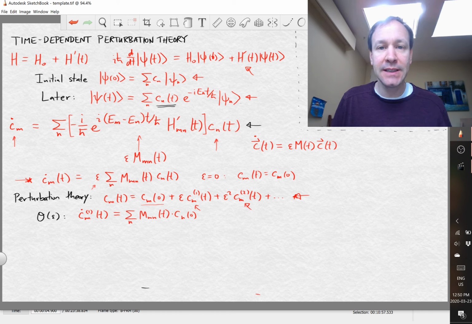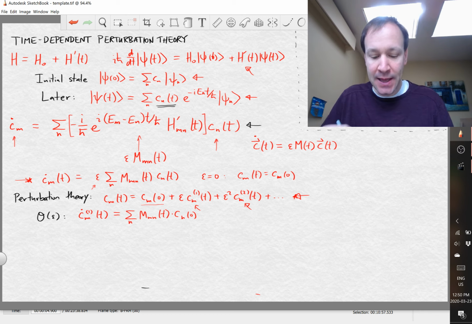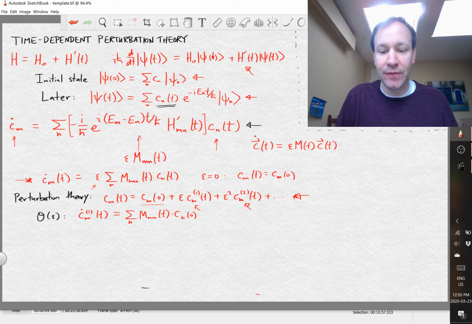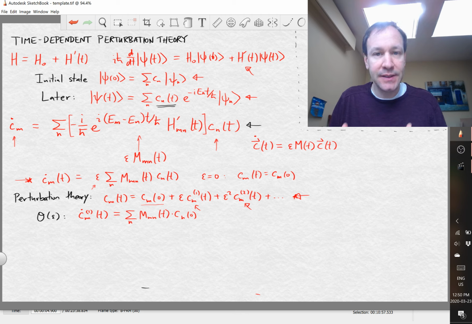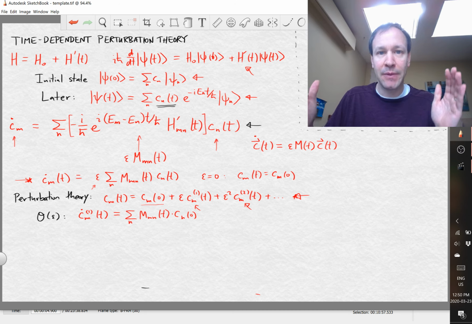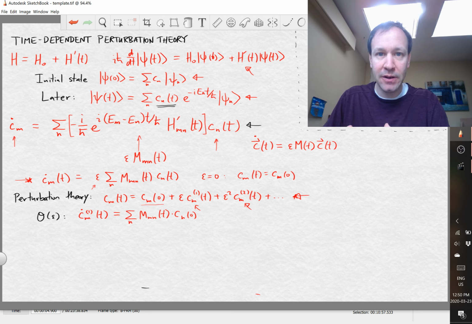That is a really simple differential equation now, because it just says that the time derivative of our unknown function is equal to some specific function of time. These Mmn are numbers that we can calculate by calculating the matrix elements of our perturbation in our energy basis.